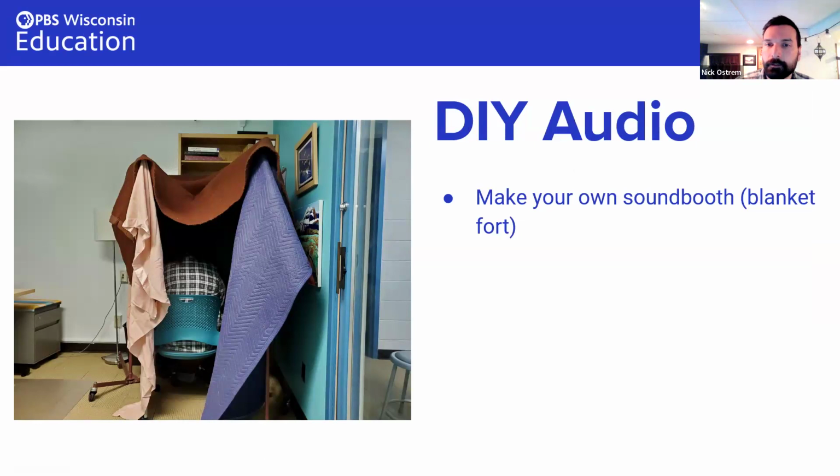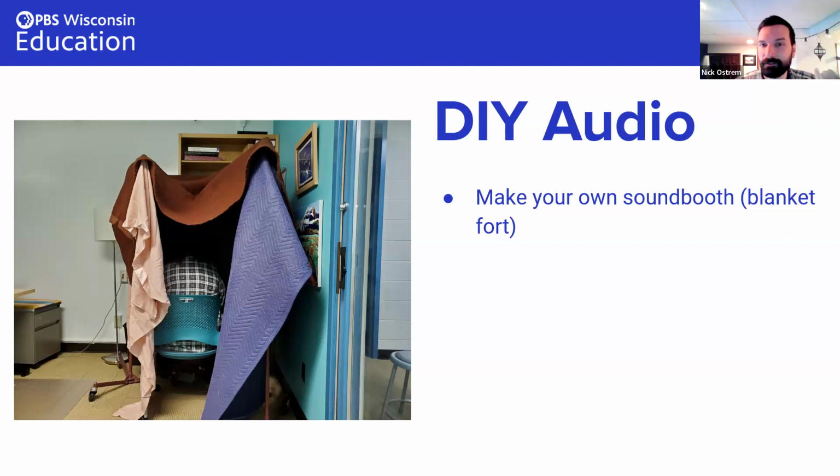We saw this in the pandemic when a lot of radio professionals recorded from their own closets. If you have clothes hanging in front of you, that's enough to dampen the sound and you can get really good audio. When we bring people to our studio to learn media production, we have them record in a fort like this, and we send them to our professional sound booth, and then we have them record in just a big hallway.